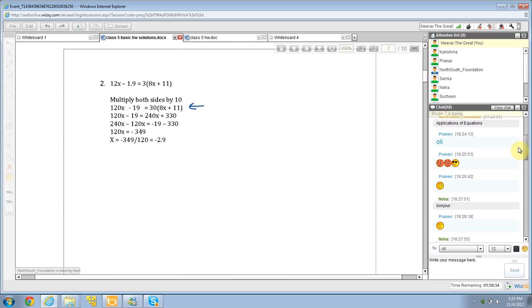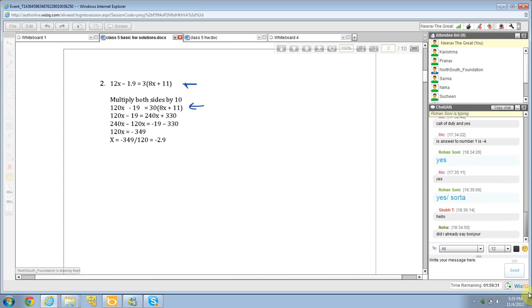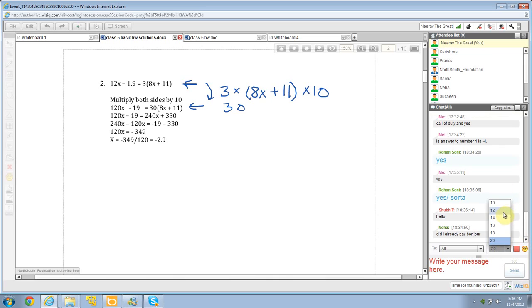It's like saying 3 times 8x plus 11, and then multiplying it by 10, so it can be written as 30 times 8x plus 11.